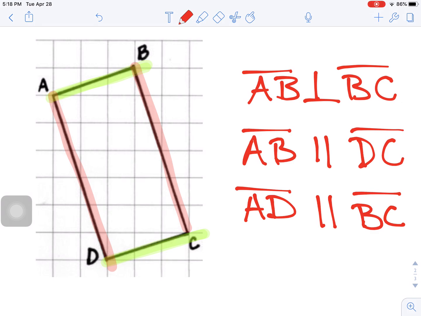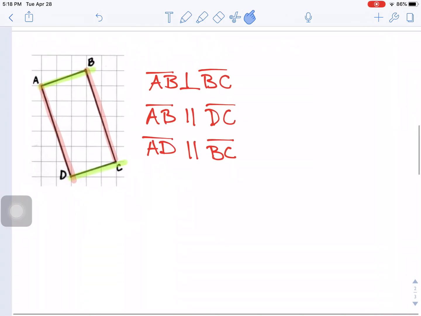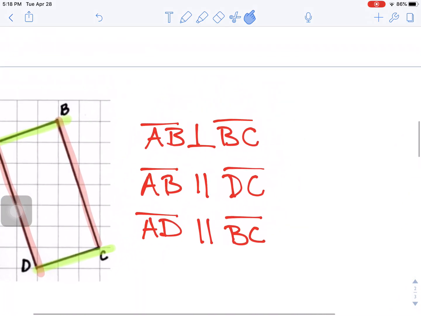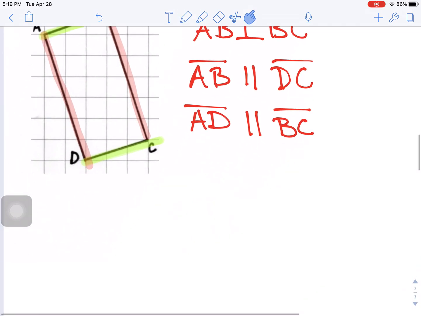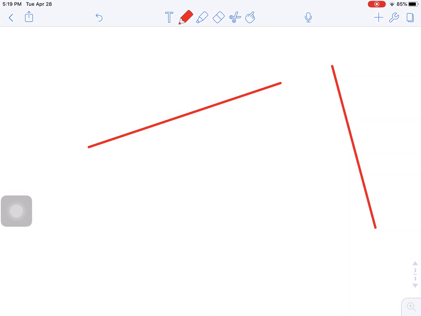On your problem set today, just like yesterday, you will be identifying parallel lines, though today in real images. You will also be drawing them. You will be given a plane, that means like a sheet of paper, with one line, and there might even be two lines, and it asks you to draw lines that are parallel.